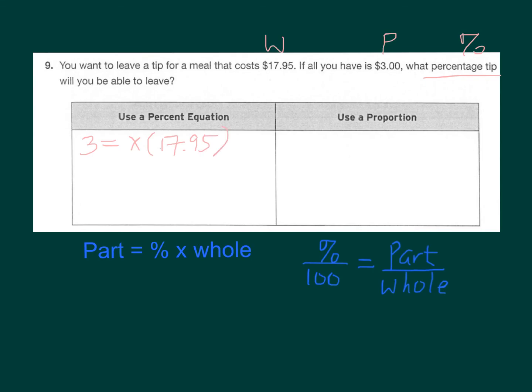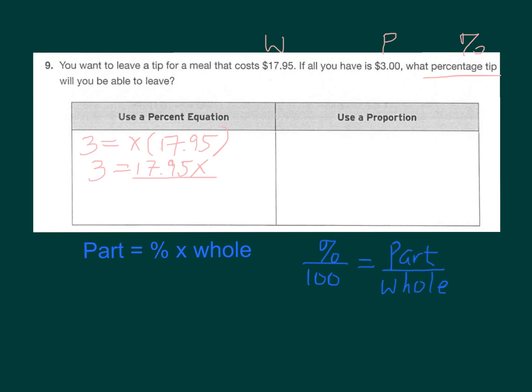Okay, so you have this equation. 3 equals 17.95x. Okay, remember when you have an equation with a variable, to find the answer, you want to single out the variable. So in this case, you want to get rid of 17.95. And in order to get rid of it, you will divide because you want to turn this into 1.